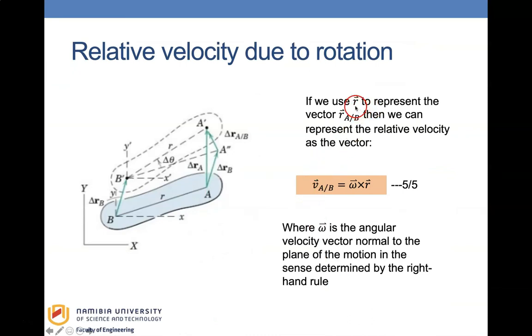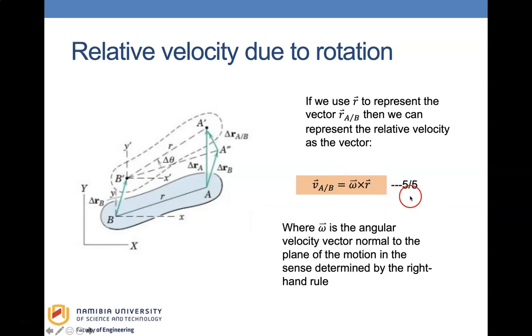If we use, let's say, r to represent the vector, so we drop the subscript, then we can represent the relative velocity of A with respect to B as the vector omega cross product with r.